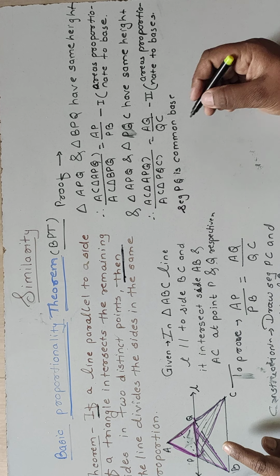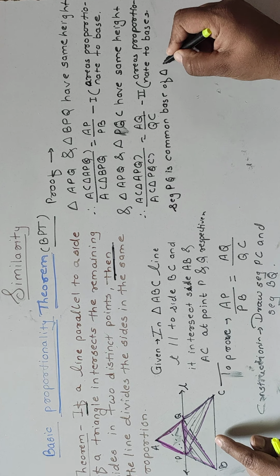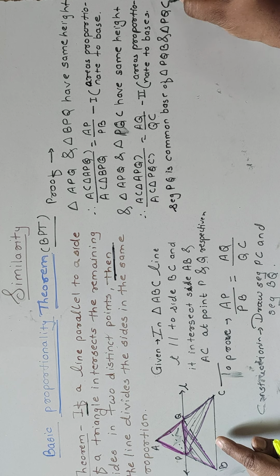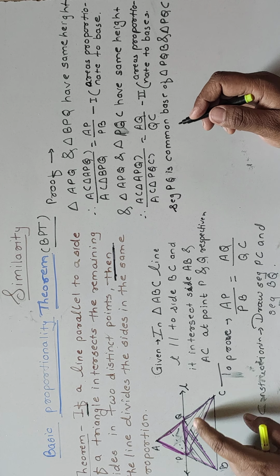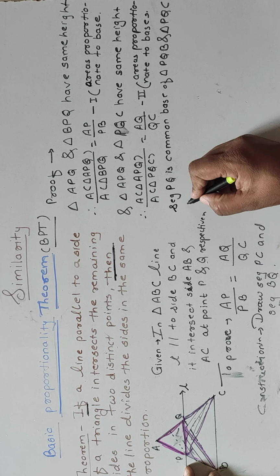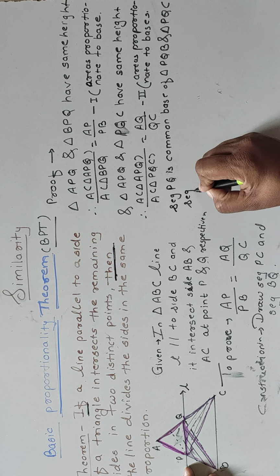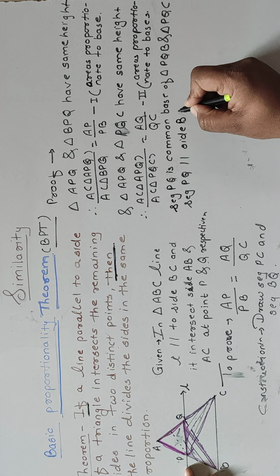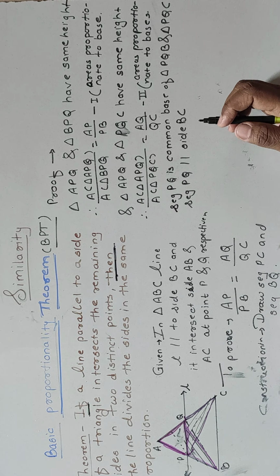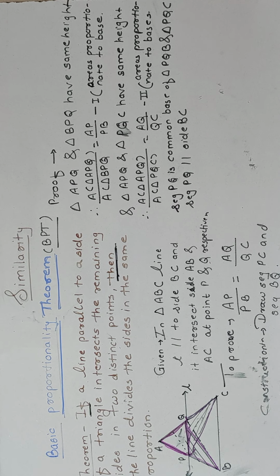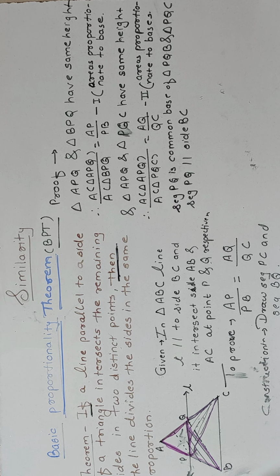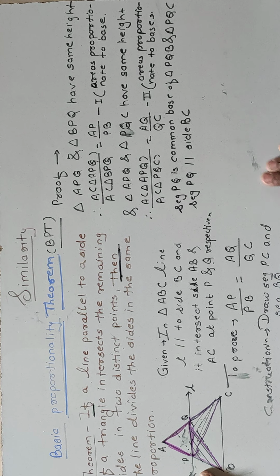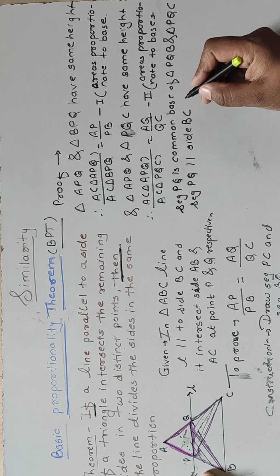PQ is the common base of triangle PQB and triangle PQC. And as we know, these two triangles are in between two parallel lines, since PQ is parallel to side BC. So these two triangles are in between the parallel lines, and therefore their height is the same and base also the same, and as the height and base of the triangles are the same, these two triangles are equal in area to each other.